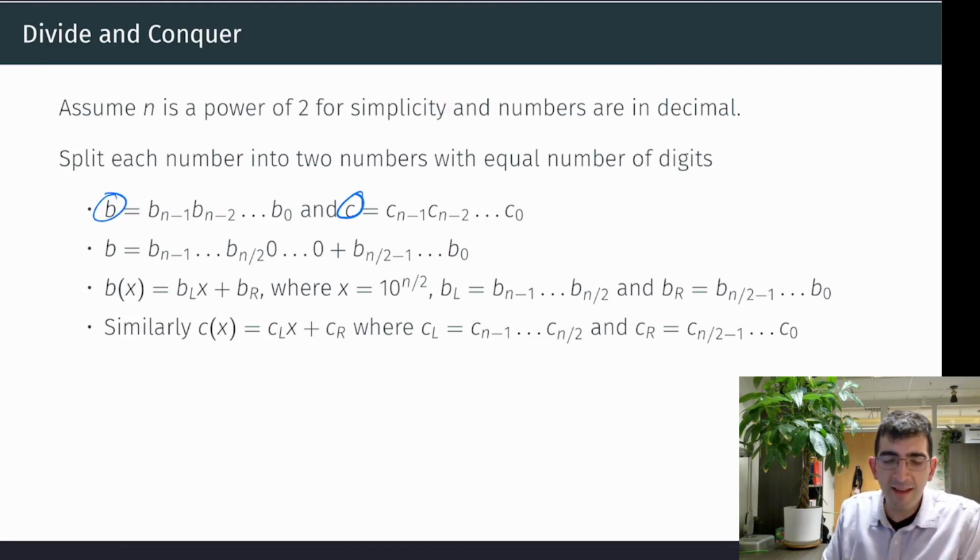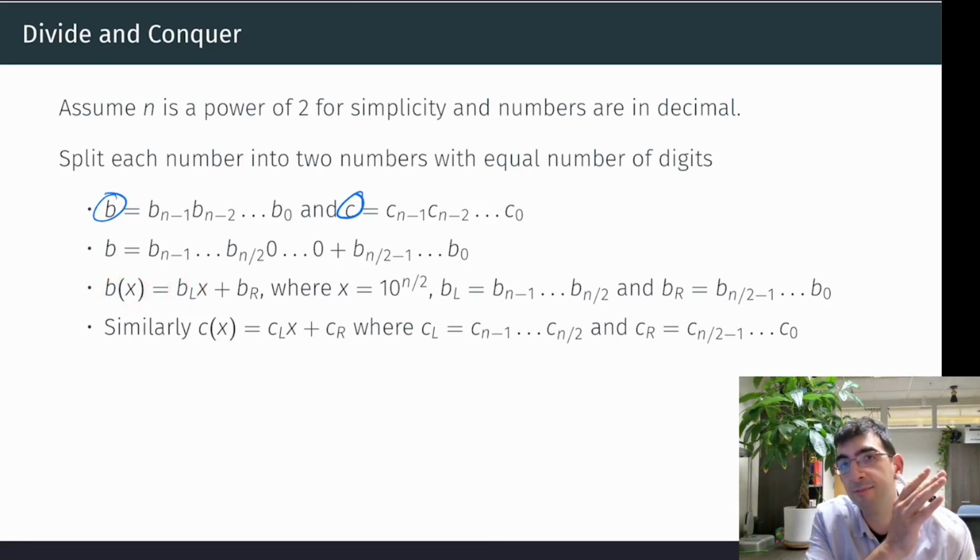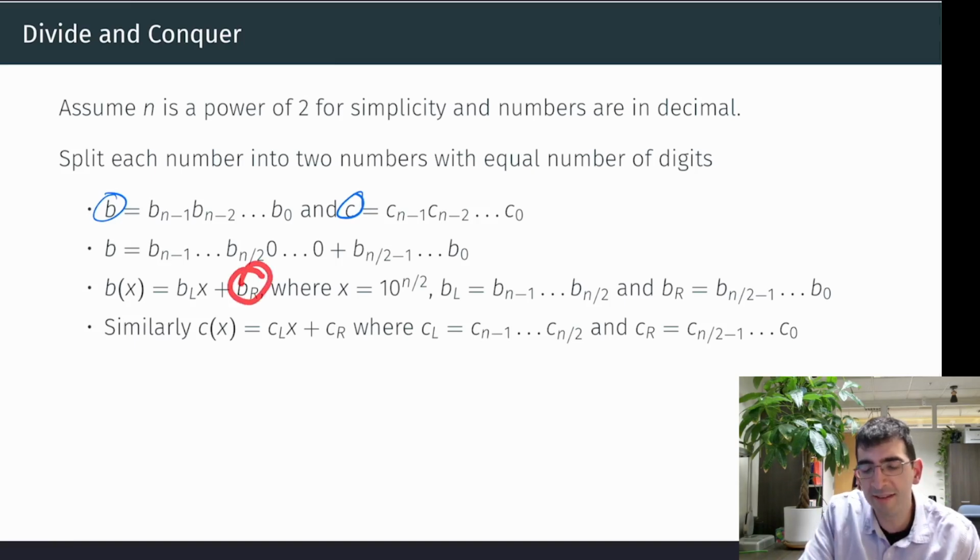And we're going to say that the number B is simply the left half of B, shifted over n over 2 digits, plus the right-hand side of B. Same thing with C. C is simply the left half of C, shifted over to the correct order of magnitude, plus the right-hand side of C. And x, in this case, is, of course, 10 to the n over 2.